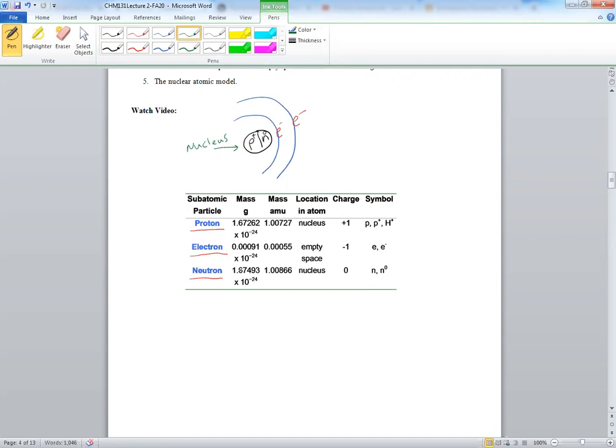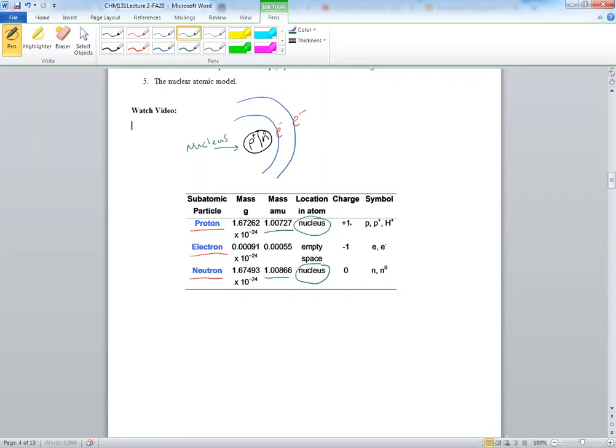And the protons and the neutrons occupy the nucleus. They have a mass. We're going to look at the AMU only. It's called atomic mass unit. So they weigh 1. We're just going to say they weigh 1. And the electron weighs very, very little. Talking 1/2000th the mass of the proton.